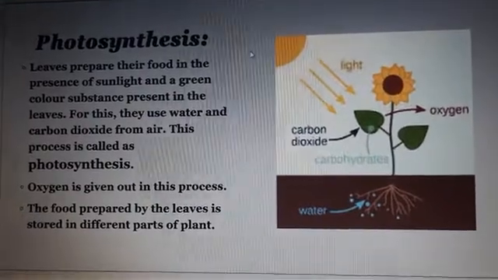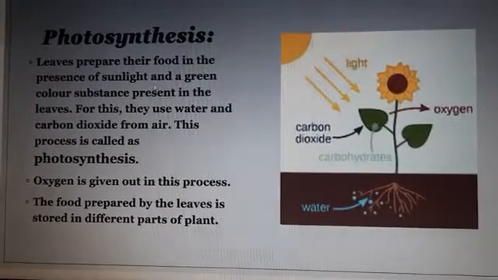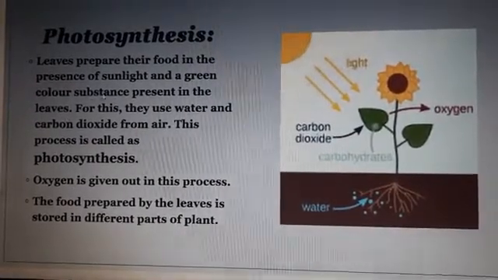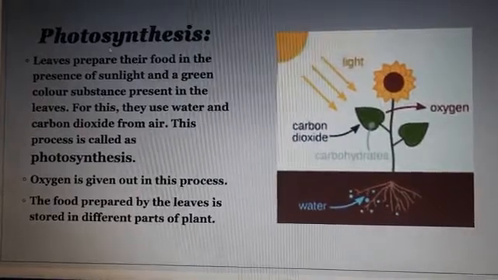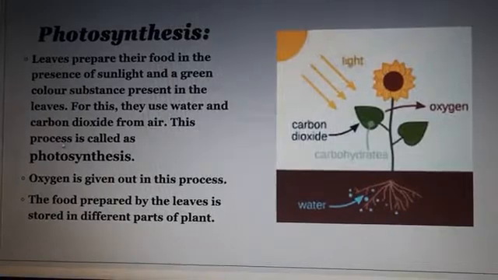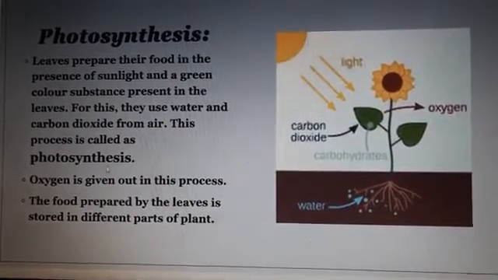Now what is photosynthesis? Leaves prepare their food in the presence of sunlight and a green color substance present in the leaves. This green color substance is very important in the process of photosynthesis, children. For this, they use water and carbon dioxide from air. This process is called photosynthesis.